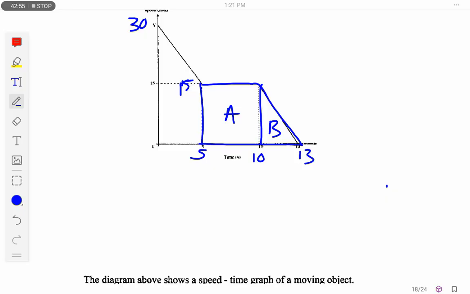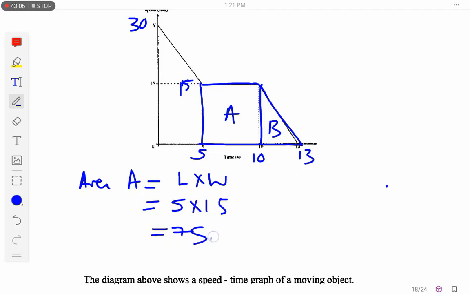So the area of A is equal to length times width, which is 5 times 15. I will get 75 meters. Then plus area B. Area B is half base times height.